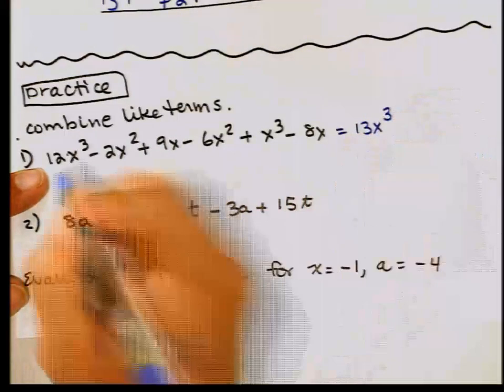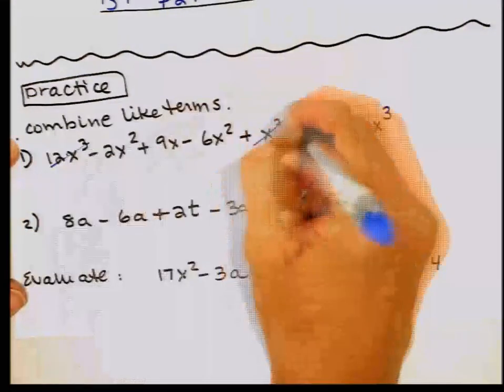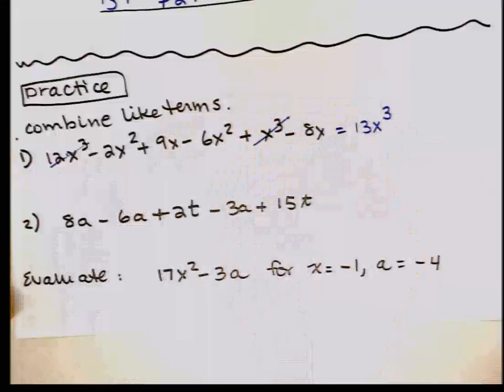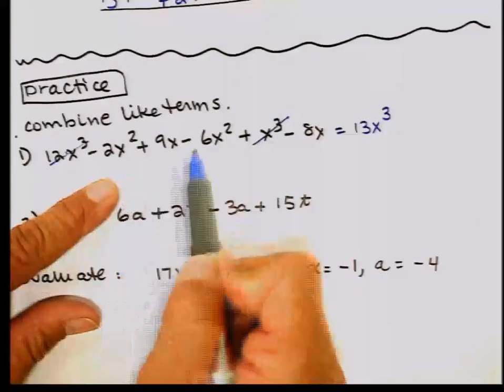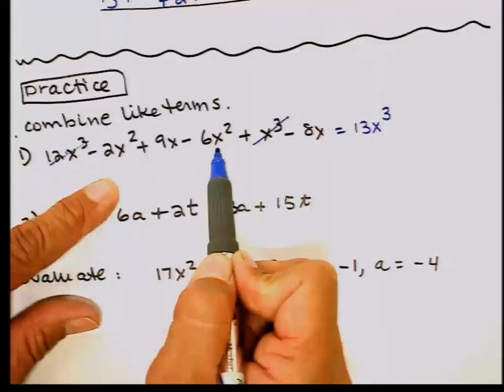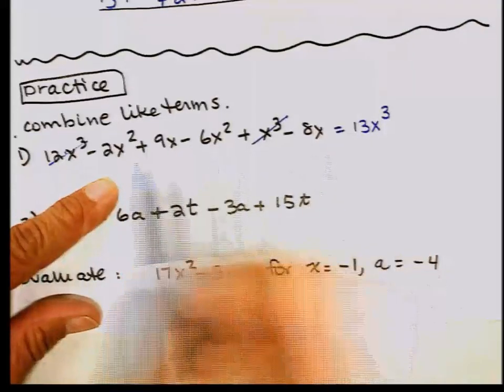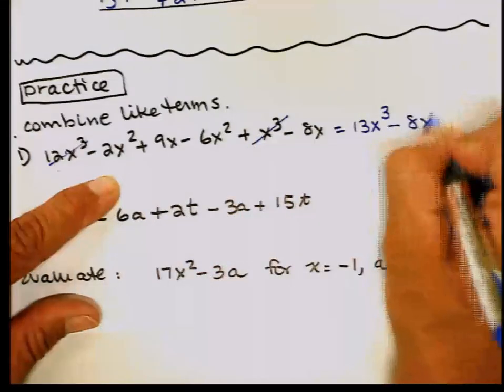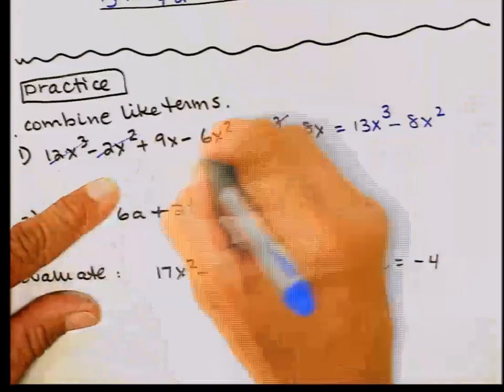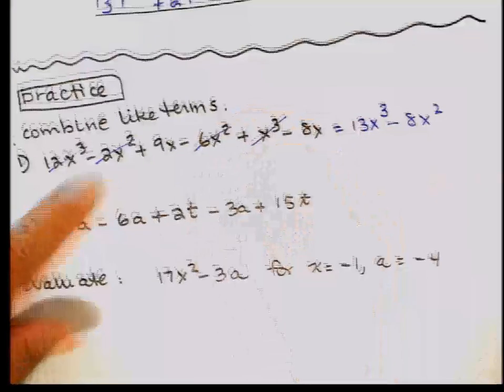Now I'm going to go ahead and cross those off, like I said I would. Now I have negative 2x squared minus 6x squared. No more x squared, so minus 2 minus 6 is negative 8x squared. Cross those off because I've already taken care of those.